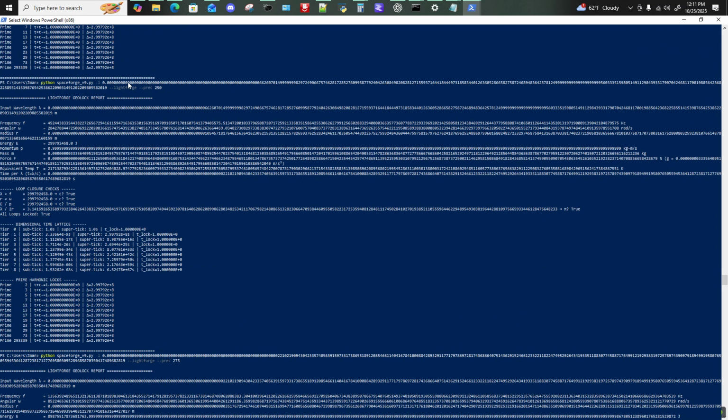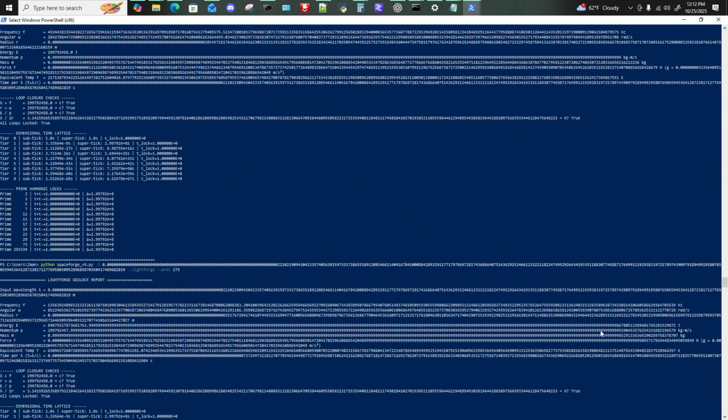Because this number right here ends right here, and this number is just slightly longer than this number. See that? But notice that they both end on similar numbers. So this is just regular decimal noise right here that can be eliminated.